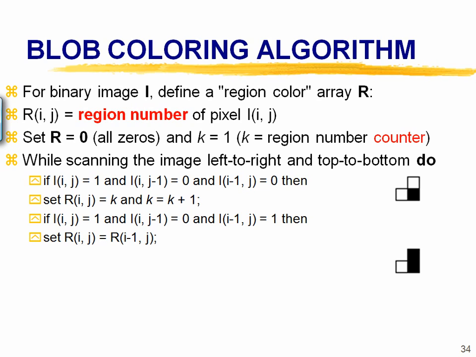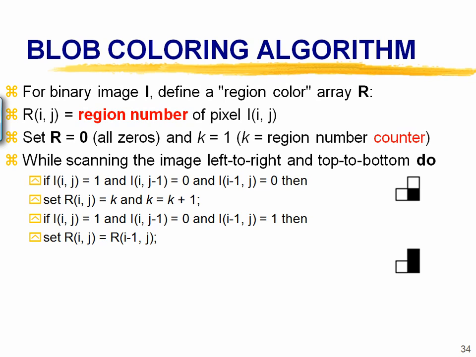We had defined an operation for each row, for each column. So any operation that I define within this loop is something I process in a raster scanning fashion.